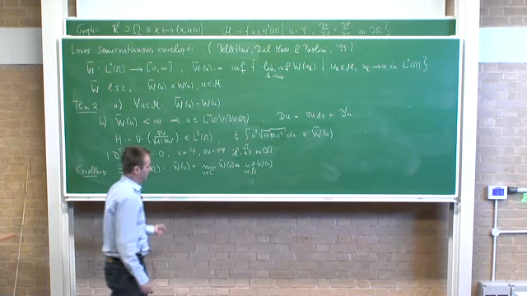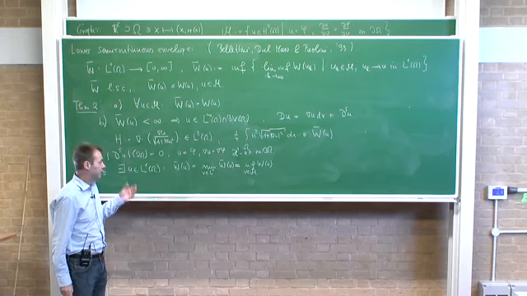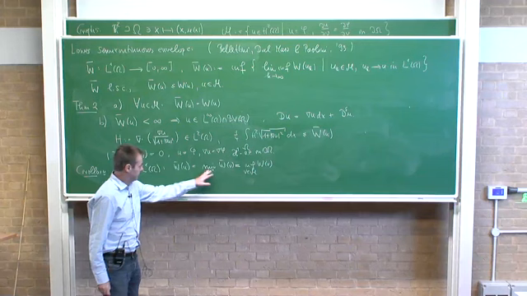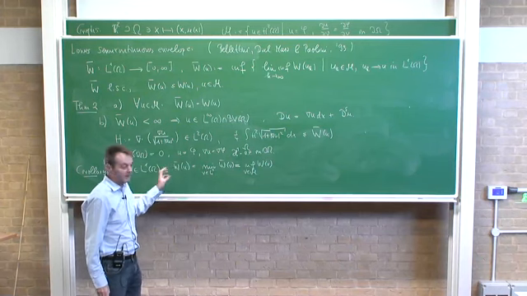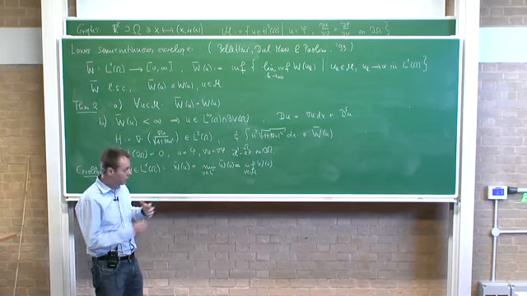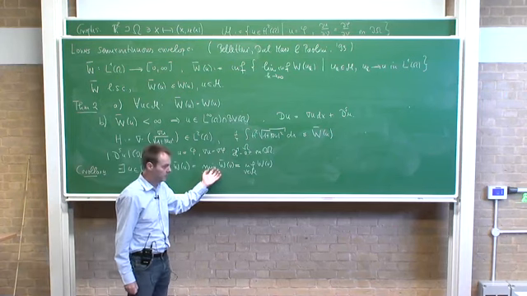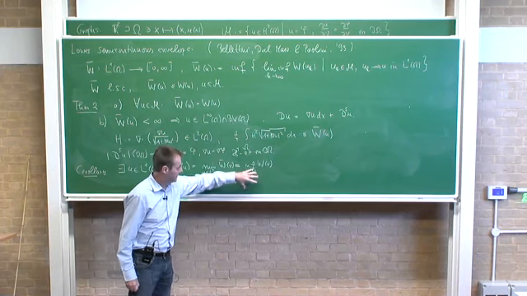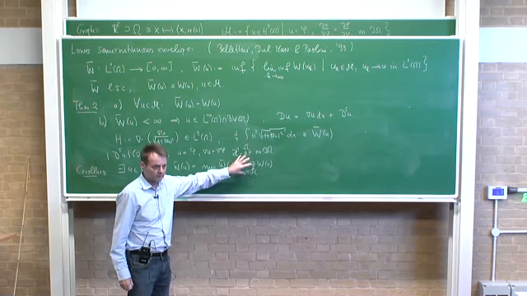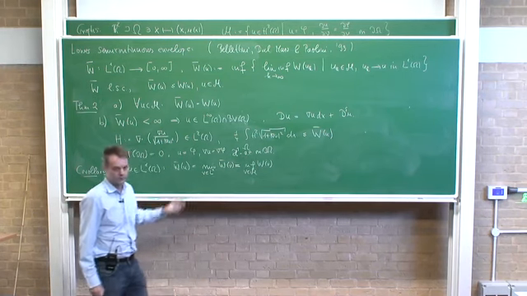So the minimizers of W bar are exactly those functions which occur as L1 limits of minimizing sequences of W. You capture with W bar the limits of minimizing sequences of W, in L1 convergence.